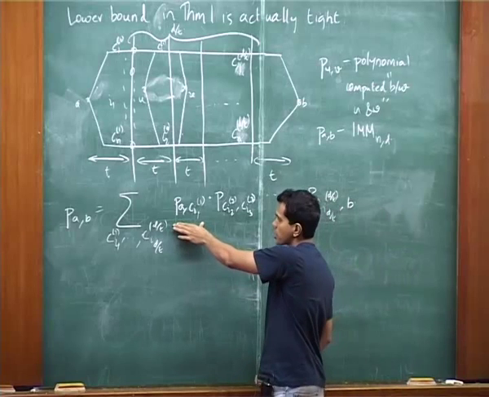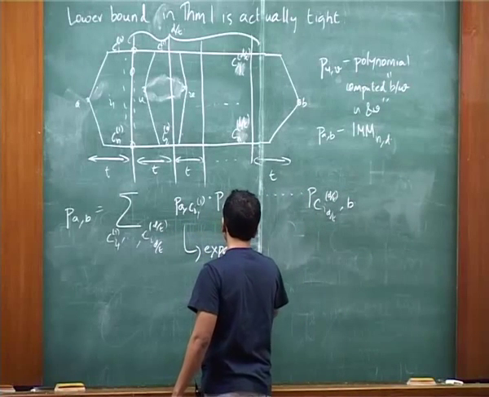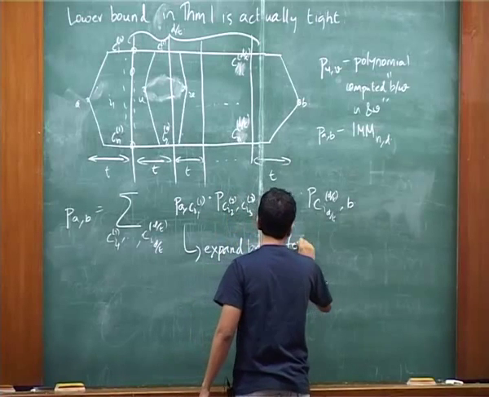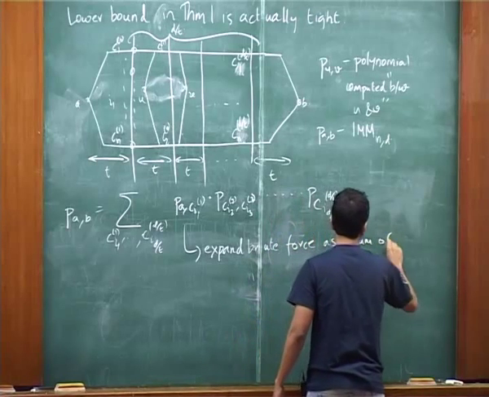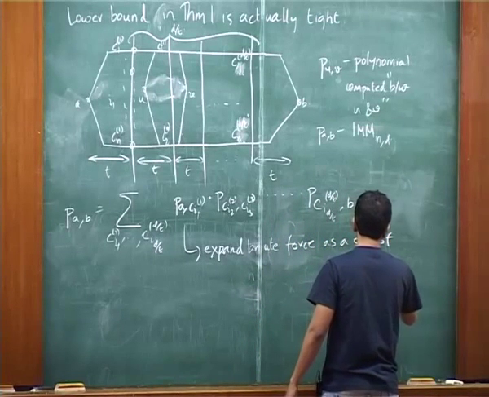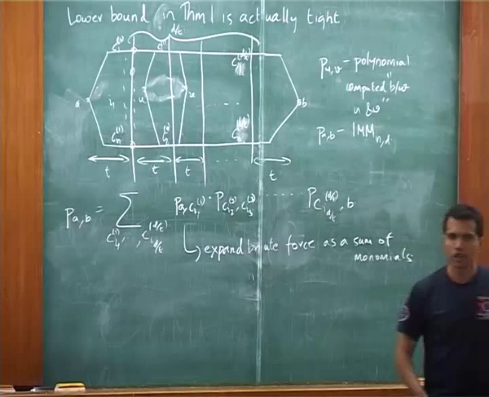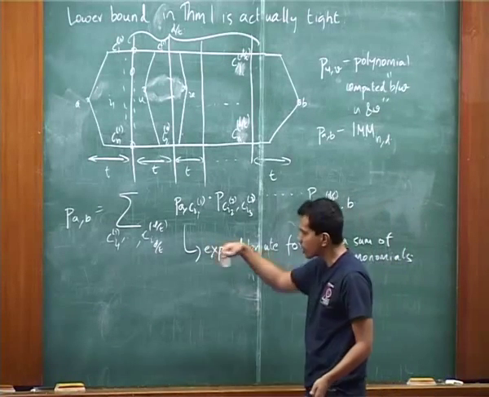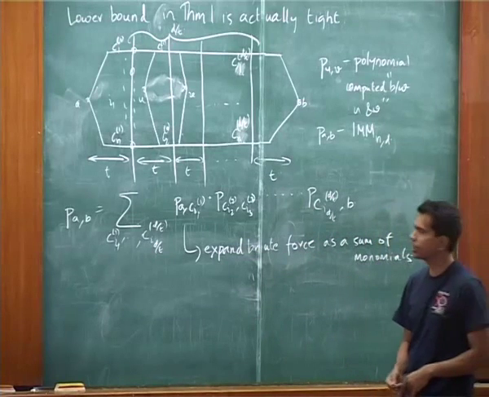Now you just expand each of these, expand brute force as a sum of monomials, and you have your depth four circuit. So that's the construction. You write it as a sum of products, expand each of these products again as a sum of products, and you have your sigma pi circuit.